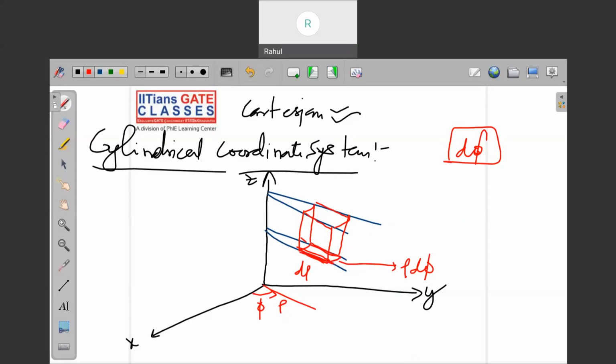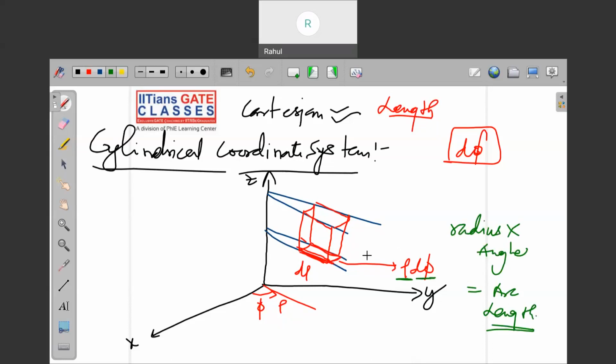After all, we are talking about length, and your d phi is an angle. How can you convert an angle into length? You have to multiply: rho times d phi, radius times angle, gives the arc length. So this is basically the arc here, and dz will be the same. So rho d phi dz.